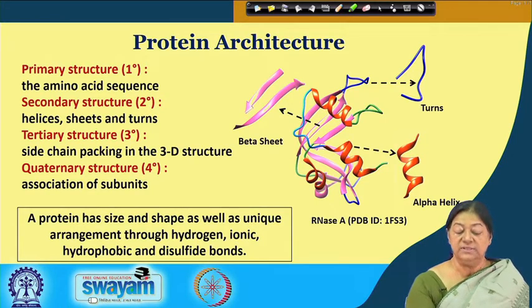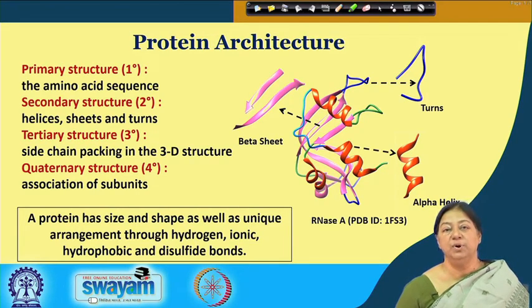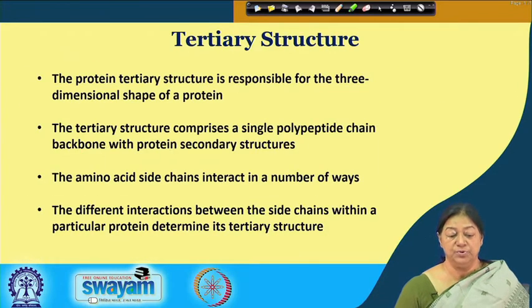So, it is these interactions, the hydrogen bonding, the ionic interactions, the hydrophobic interactions as well as the disulfide bonds, that hold the protein together, with the non-covalent interactions predominantly present in the tertiary structure of the protein.